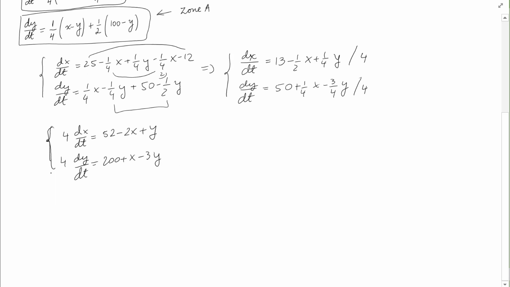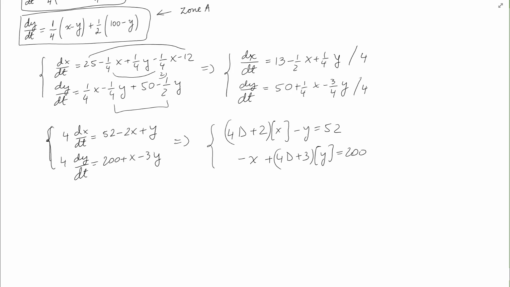So this one, we learned that we can use operators. So it's (4D plus 2) applied to x minus y equals 52, and then minus x plus (4D plus 3) applied to y equals 200.